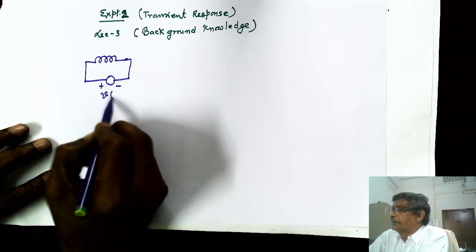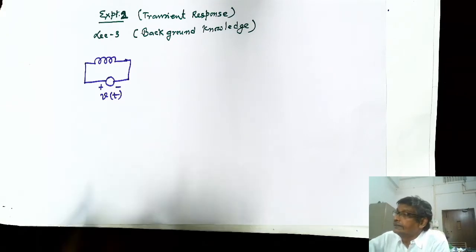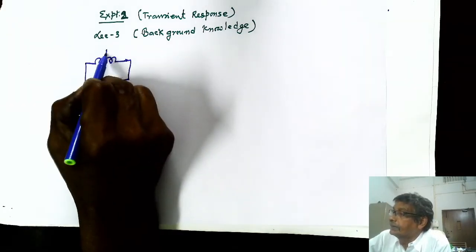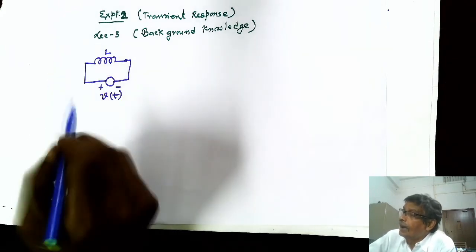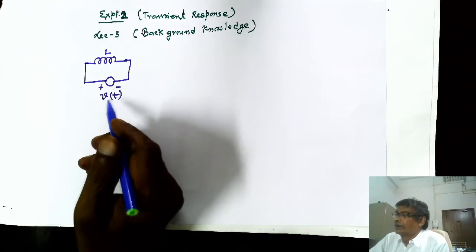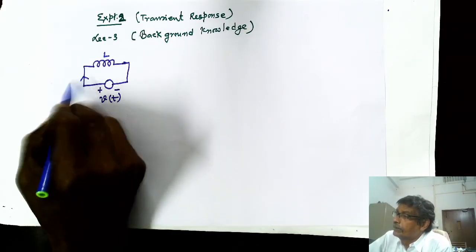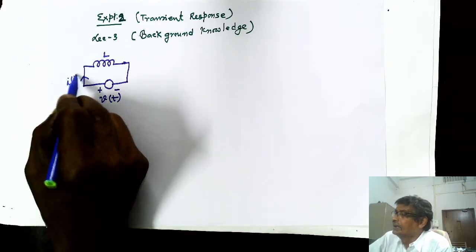is obtained by this. This is the value of the inductance we saw last time, and you have applied some voltage which could be some function of time, and it will draw some current at any time t.